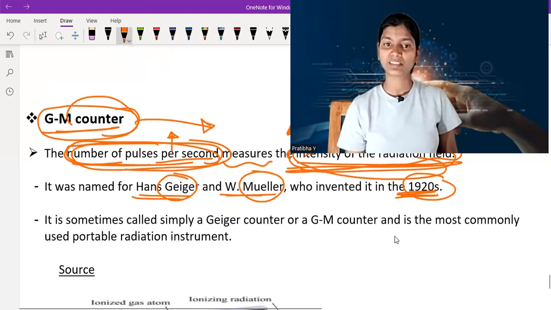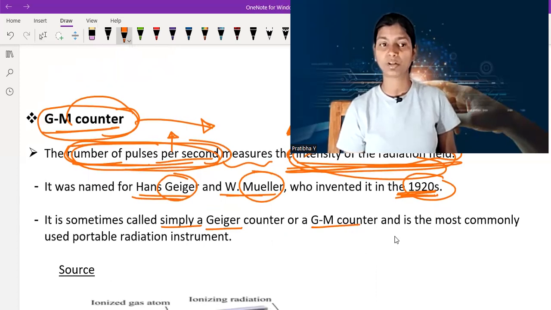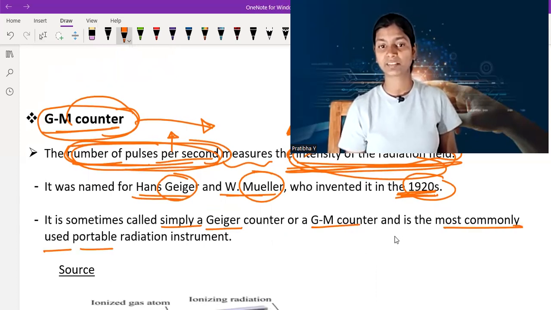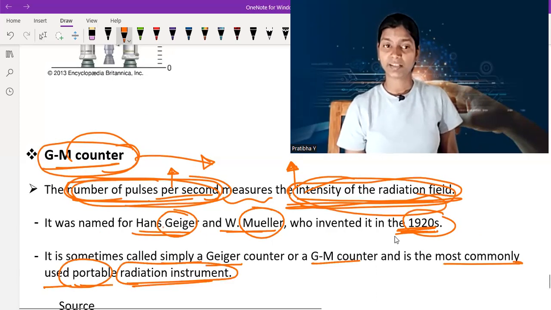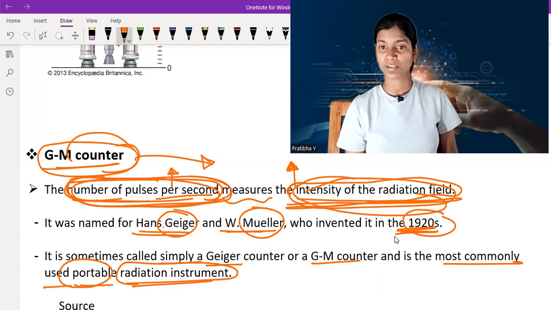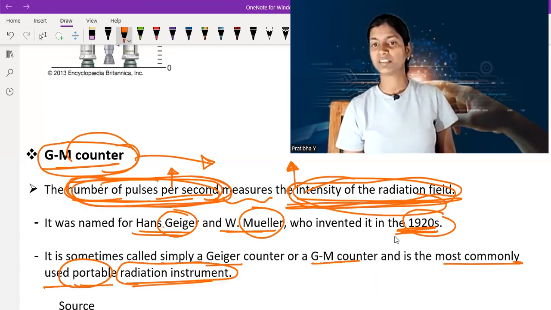It is sometimes called simply a Geiger counter or GM counter, and it's the most commonly used portable radiation instrument. Its name is derived from the two scientists, and it measures radiation based on the number of pulses per second, and it measures the intensity of the radiation.